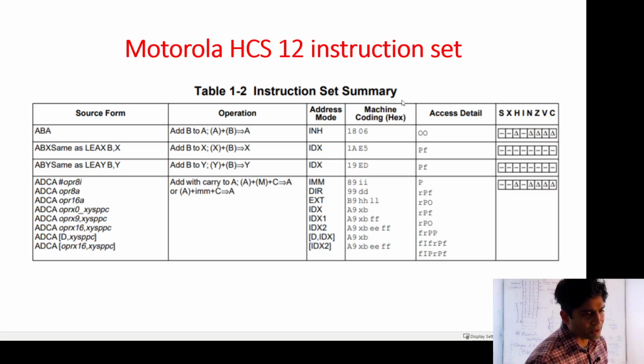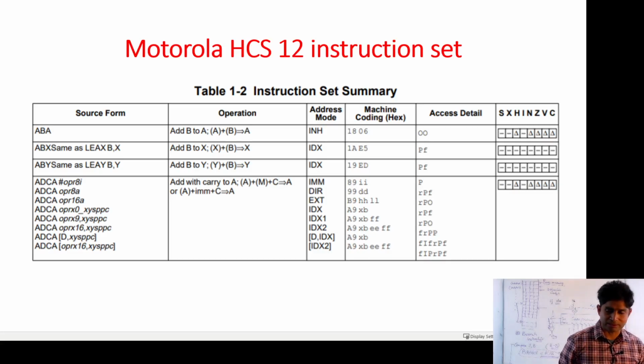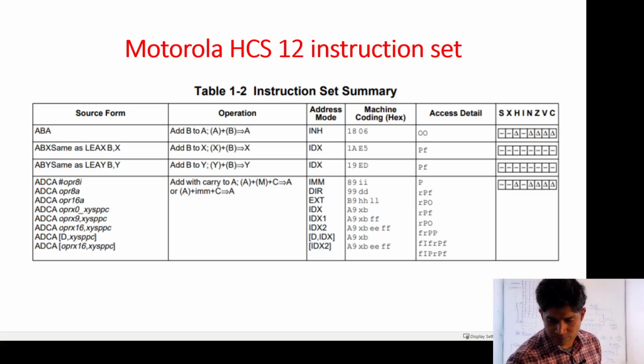So these are the flags that are affected when I execute that instruction. When I say blanks, that means those flags are not being affected. Here again, this is another instruction, add C to A, where each of these flags are affected. That's how you read that instruction set summary. That's the instruction set for an HCS12 controller.